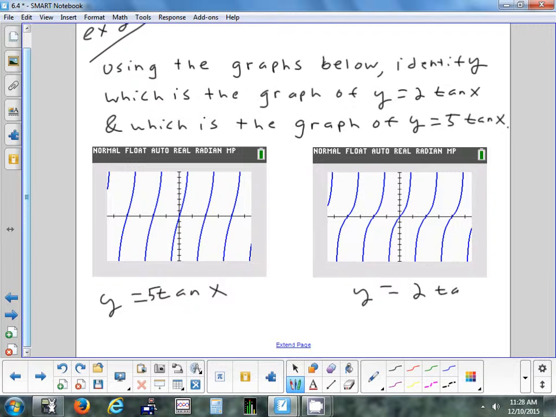How'd you know that? It's stretched out straighter. Yeah, it almost looks like they're straight, because the more you stretch it vertically, the more you lessen this curve. If you were to compress it, we could make this curve even more pronounced. Okay, any questions on that type of problem?